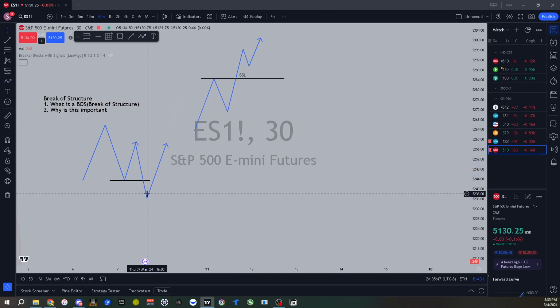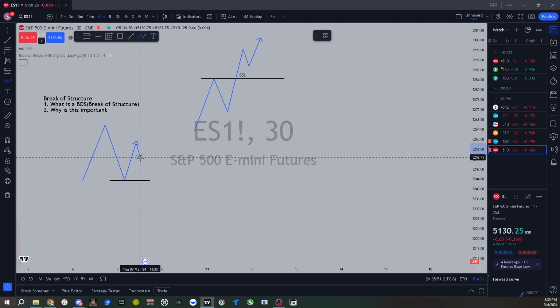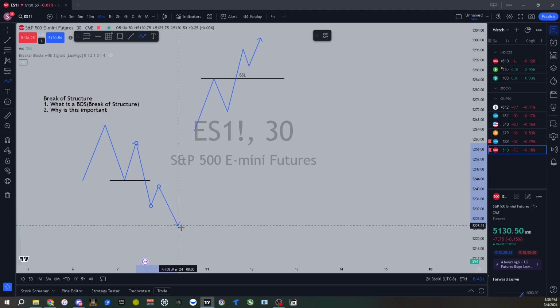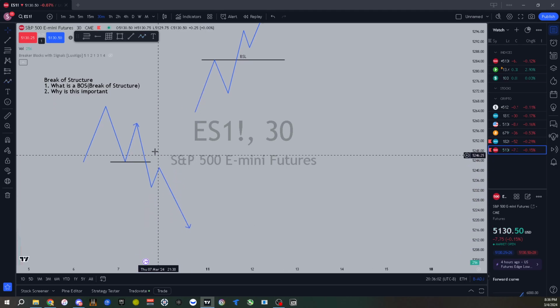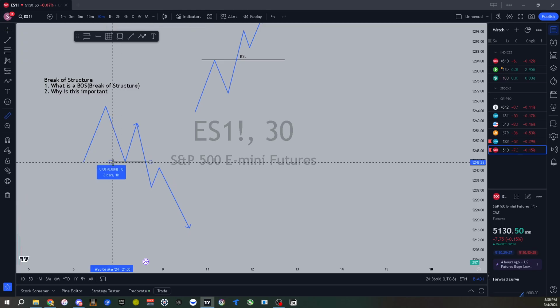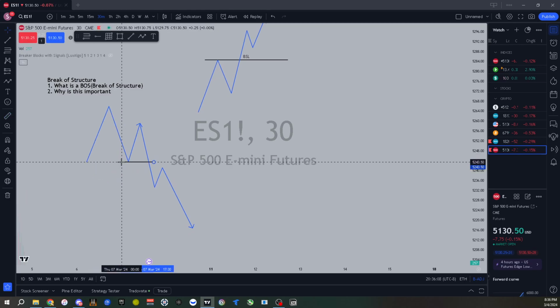We never close below it, we never close above it. However, a break of structure means that we displace through the low and a candle fully closes below that low. And we continue to sell off. Break of structure is when we displace below a high or a low with a candle close.